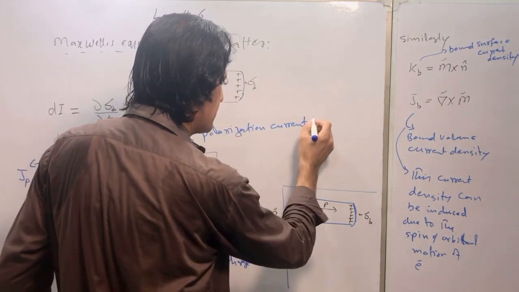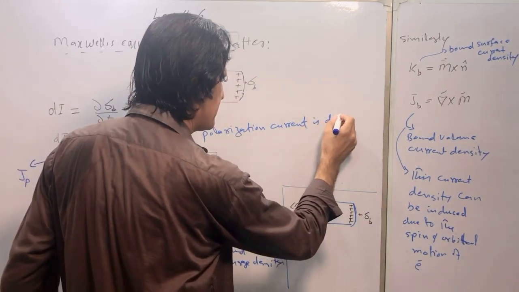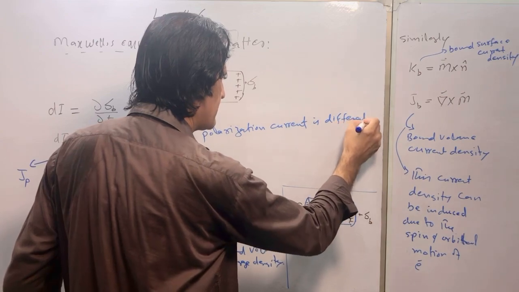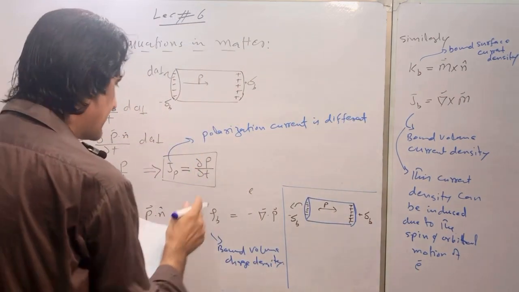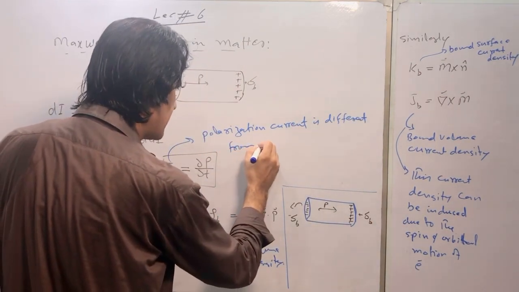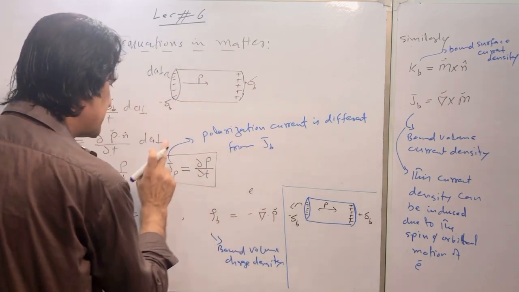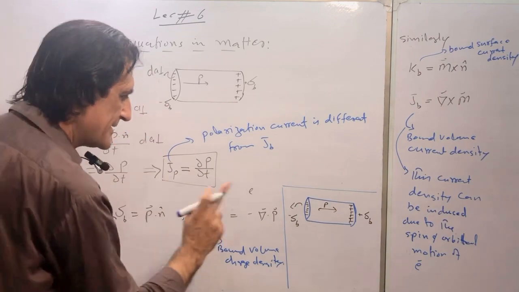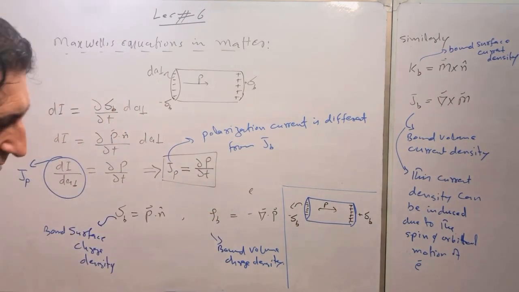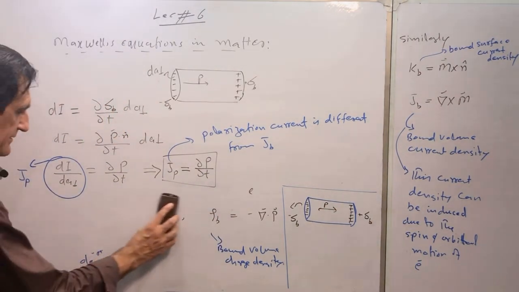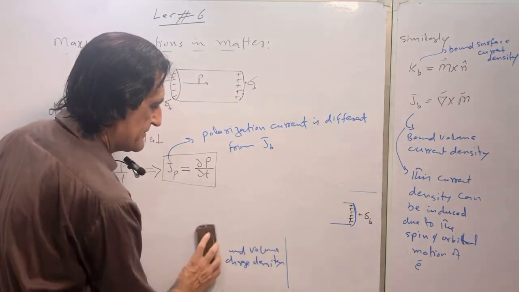This polarization current is different from the bound current, JB. JB is the bound current and JP is the polarization current, and these are different from each other.